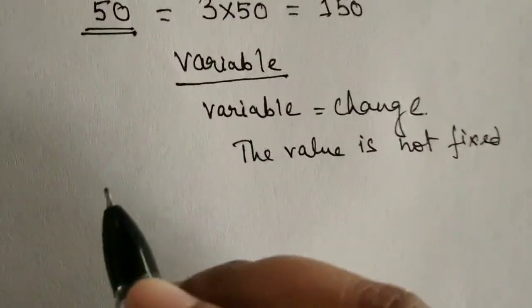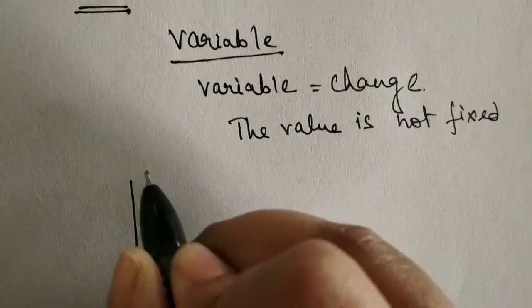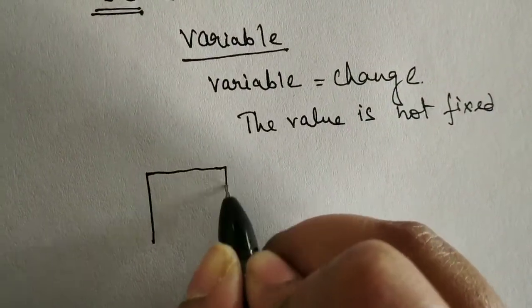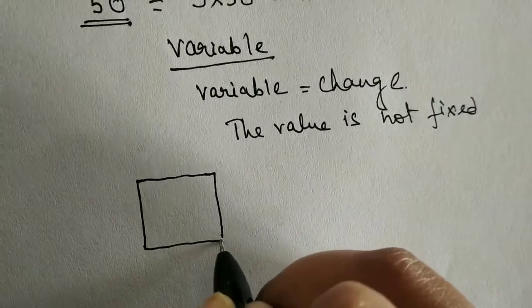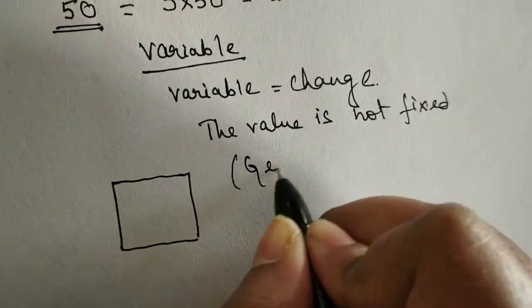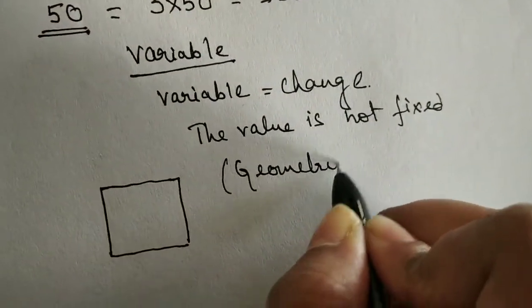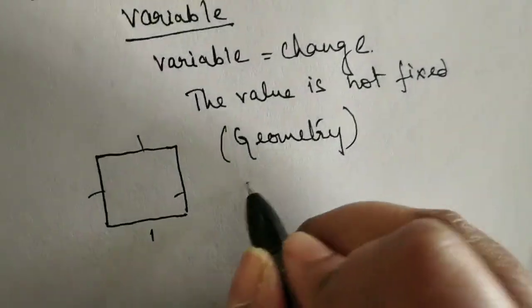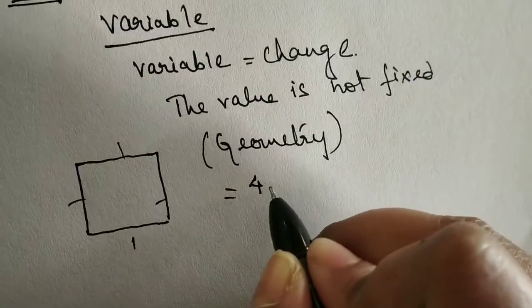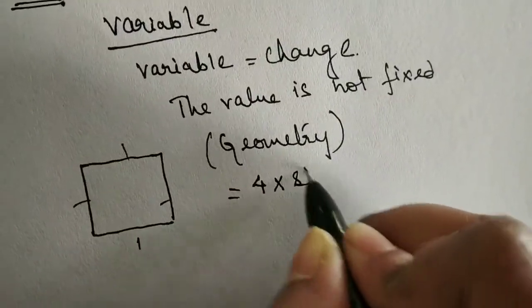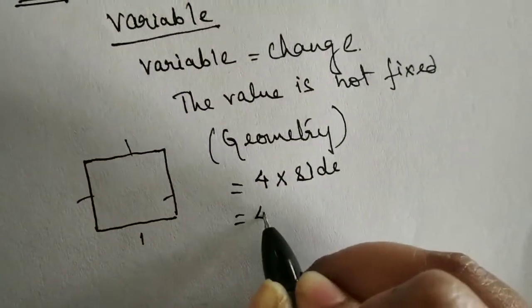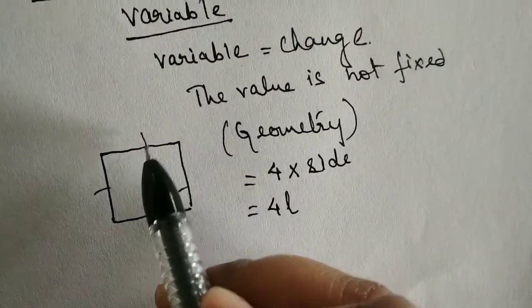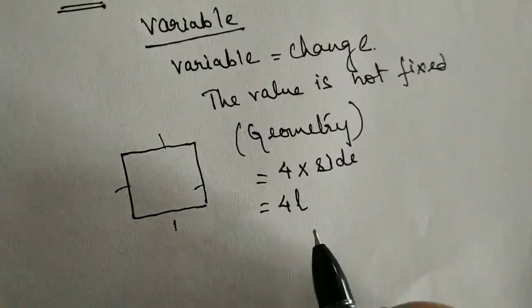Now we'll see how it is used in geometry. Suppose I have taken a square, and we know that sides are 4. So the formula will be 4 into side. So 4 into L, 4 multiplied by side.